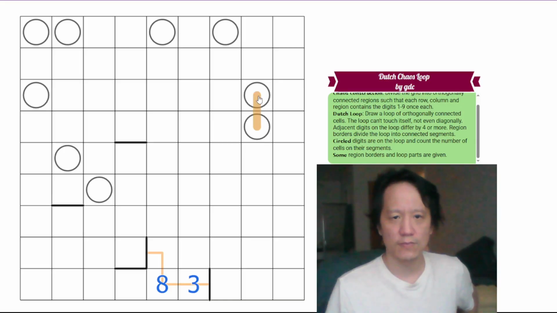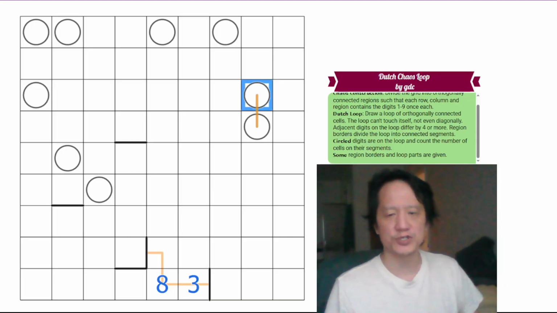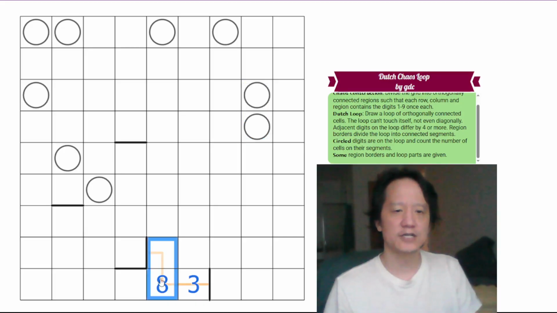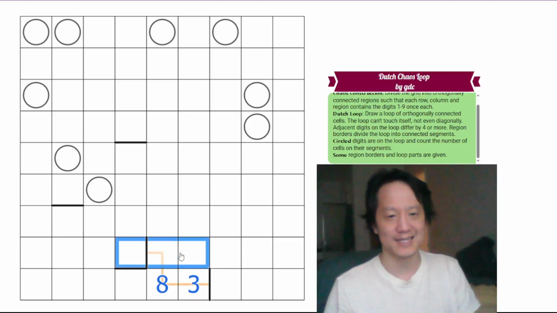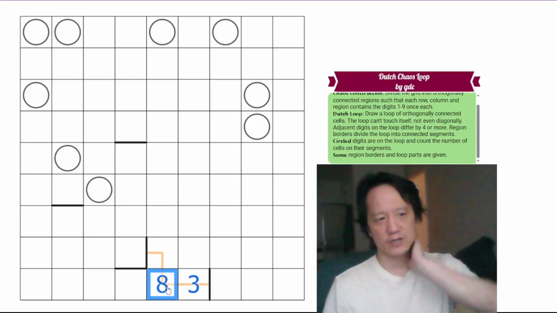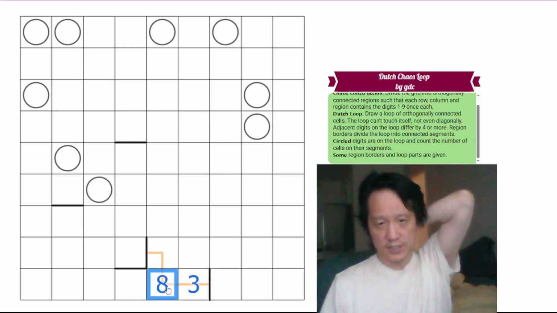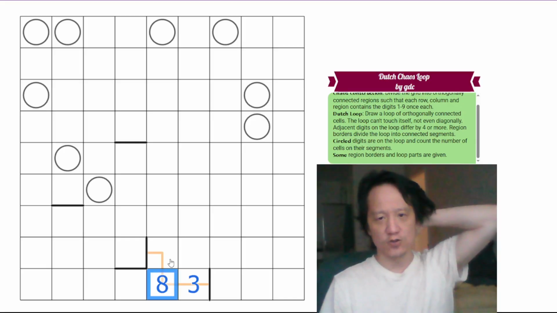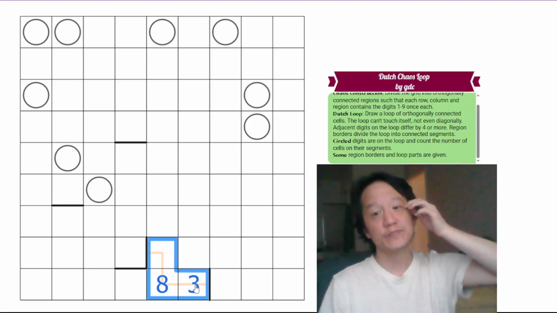But if this were, say, a 3, okay, let's actually use this. Say this was a segment. This would be valid to have a circle around it because the segment length is exactly 3, right? It's 1, 2, 3, and then it goes to a boundary. 1, 2, 3, then it goes to a boundary. This could not be a circle digit because it has 8, and obviously the loop size is not 8.